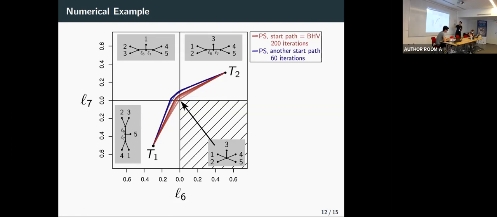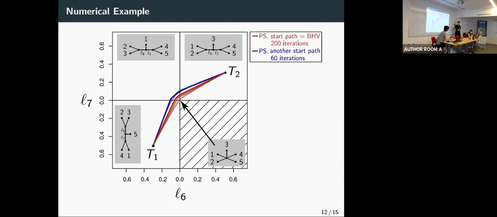And then the blue path is, so we took another starting path, computed via an algorithm which I don't show you today, which is supposed to give a good proposal for a first starting path. And we do only 60 iterations, and it kind of looks a little bit unchanged, but a little bit more smooth maybe. But from this picture, we cannot really assess the quality of the paths, right? It's just a visual, it's not isometric.